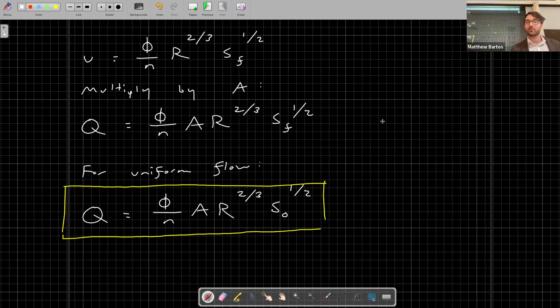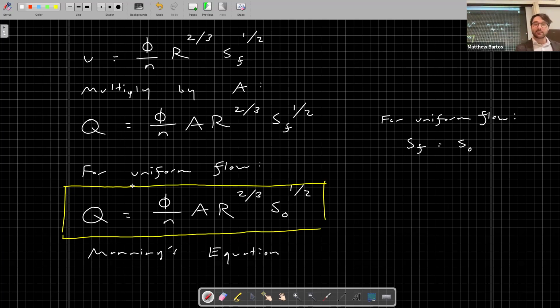So this comes from the fact that for uniform flow, the friction slope is equal to the bottom slope. And this is the typical form of Manning's equation that you will encounter in open channel flow design.